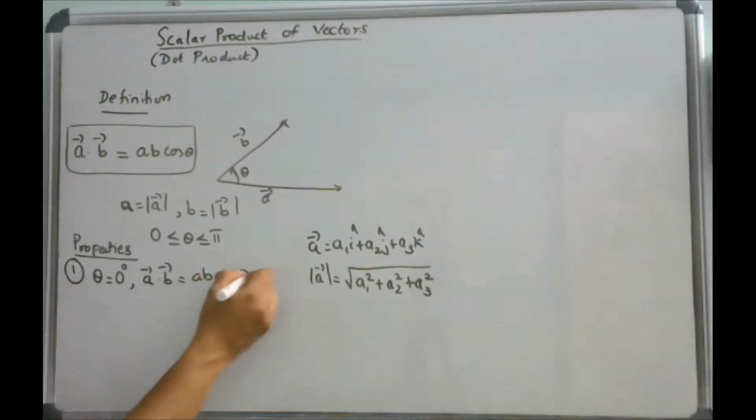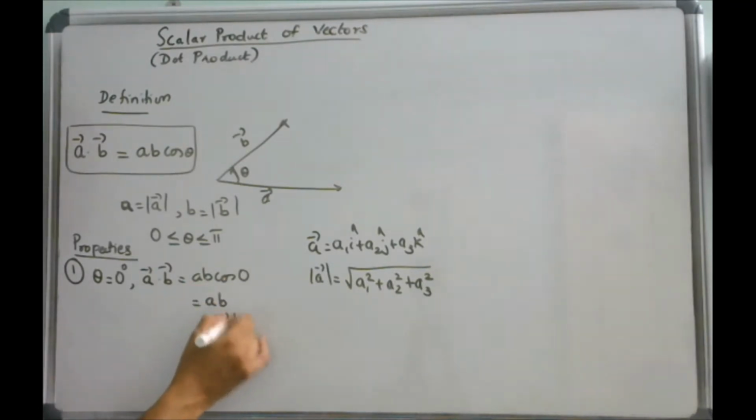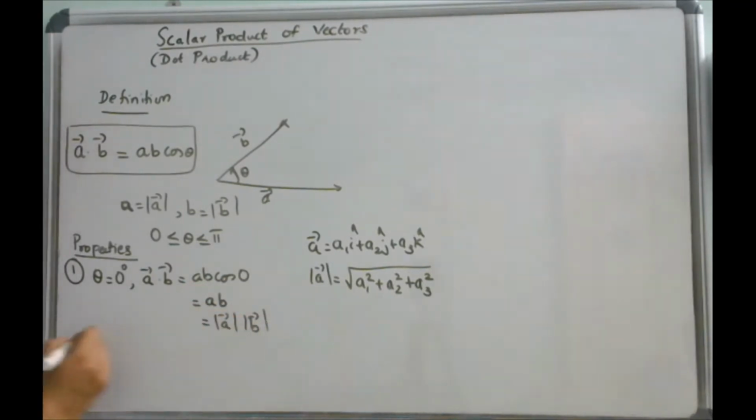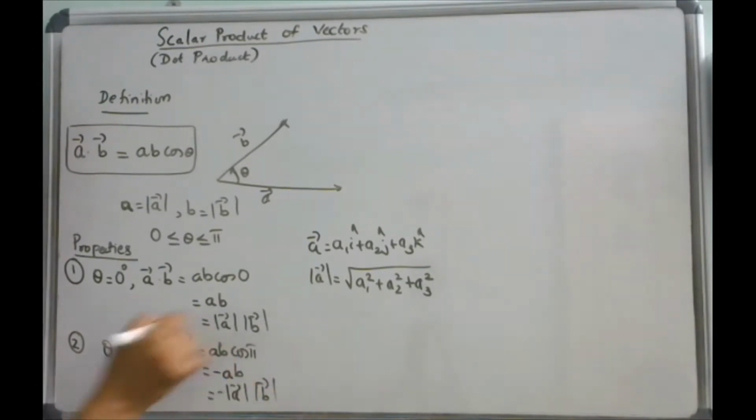Cos 0 is 1, so your value will be equal to ab, which means modulus of vector a into modulus of vector b. Second, theta equal to pi, 180 degree. Then you will have a dot b is equal to ab cos pi. Cos pi is minus 1, so this becomes minus ab, which can be written as minus modulus of vector a into modulus of vector b.